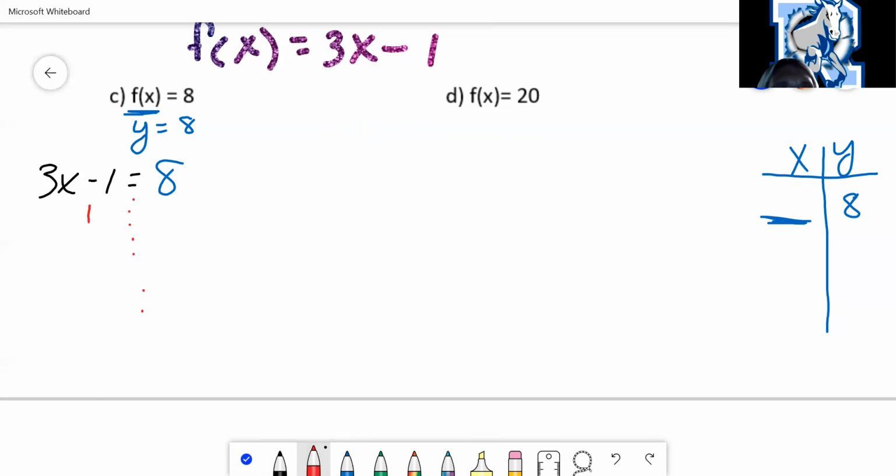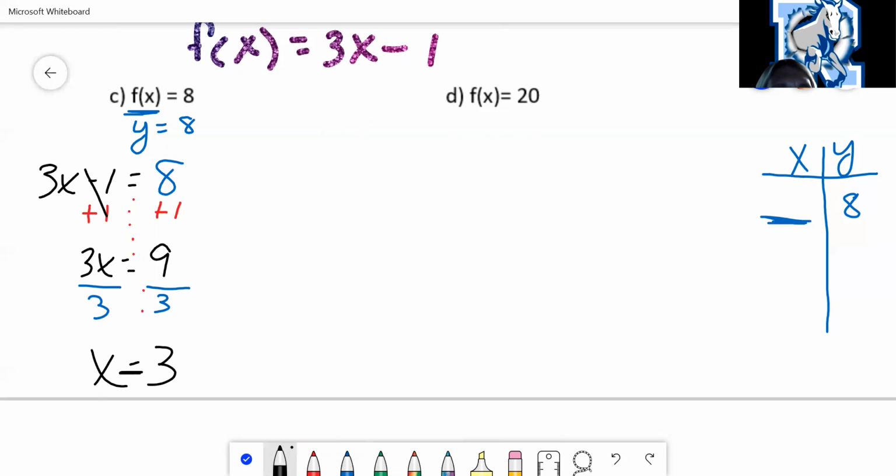You would add 1 to each side, get 3x equals 9, divide by 3, x equals 3. Now it matches the problem that we did up above, but that just happened to be because I put that on there. I wanted you guys to see the ways that the calculator is finding your answer, but it still works no matter what the number is.